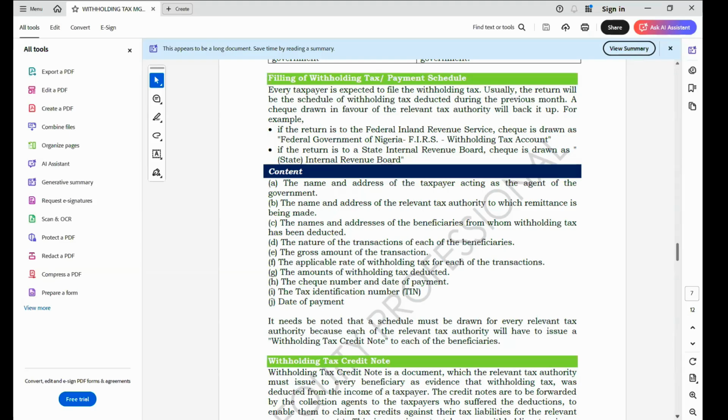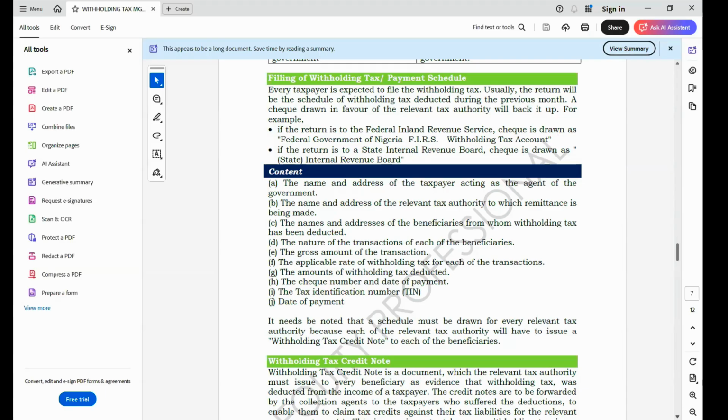What that means is that, assuming a company deals with a taxpayer who is resident in Ogun State, and that company also deals with another taxpayer who is resident in Lagos State in the same month, the withholding tax deducted from each of these taxpayers must be remitted accordingly.